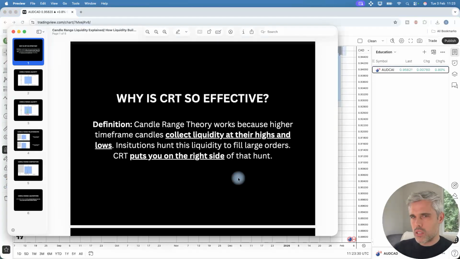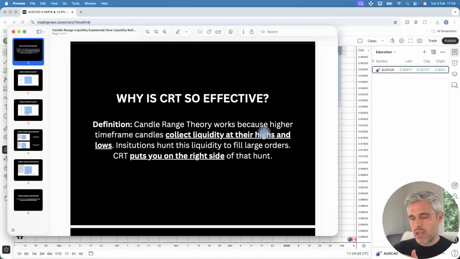To do that, I want to just touch on what makes CRT so effective. The definition here is that candle range theory works because higher time frame candles collect liquidity at their highs and lows. In the previous example, we talked about the open, high, close, and low of a candle. But the high and the low specifically represent the external range liquidity, or money that sits at the external edges of candle ranges.